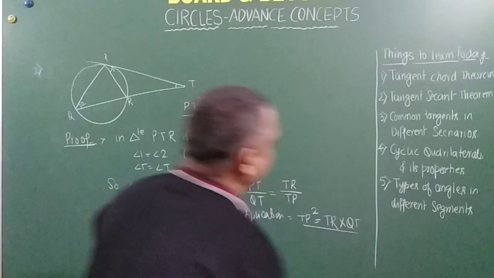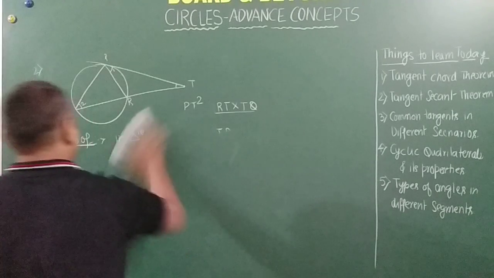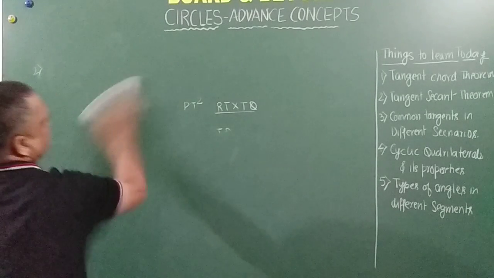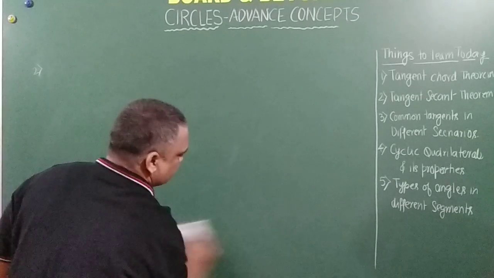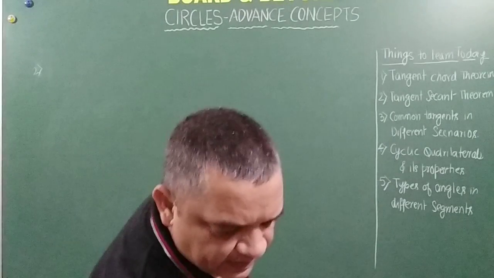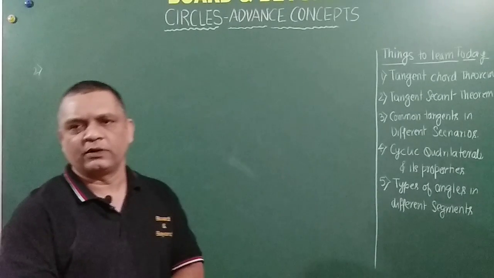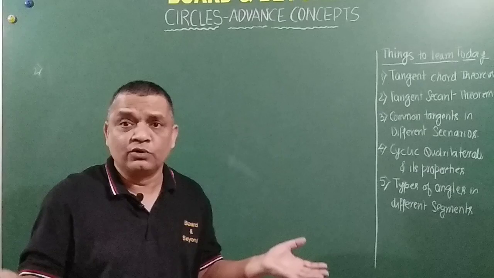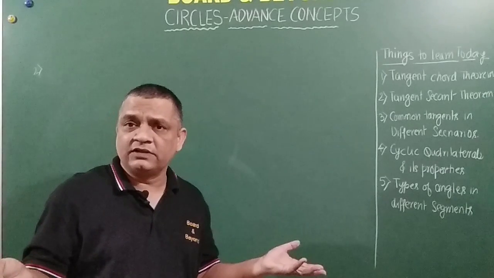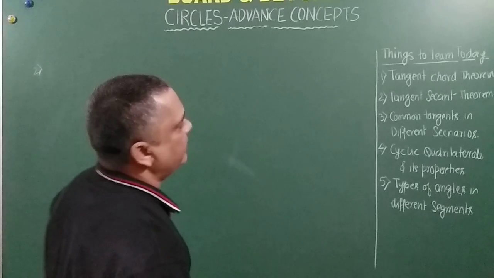Common tangents in different scenarios. Okay. Pretty easy one. How many common tangents can we draw? Okay. So the first thing, friends, if there is only one circle, how many common tangents can you draw? There is no point of common tangents here because there are no two circles. So one circle can have multiple tangents. No problem. Right?